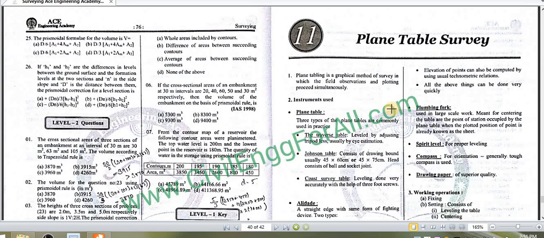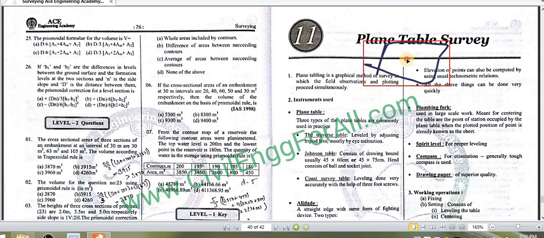Now we'll see the next topic, that is related to plane table surveying. Okay, so plane table surveying, its name has been given based on the instrument, because there is a table over there. Okay, and a sheet is provided on the table.